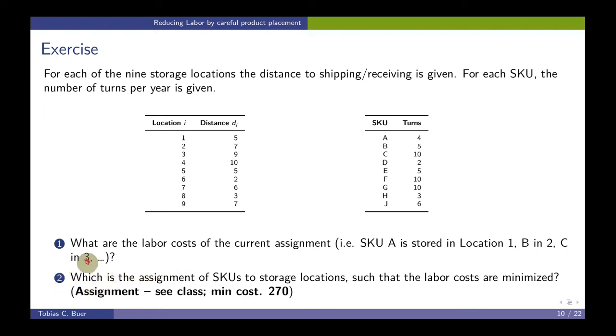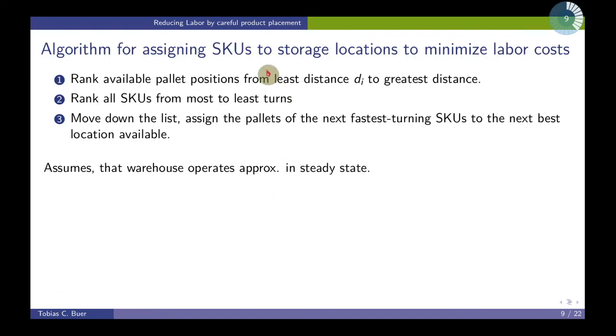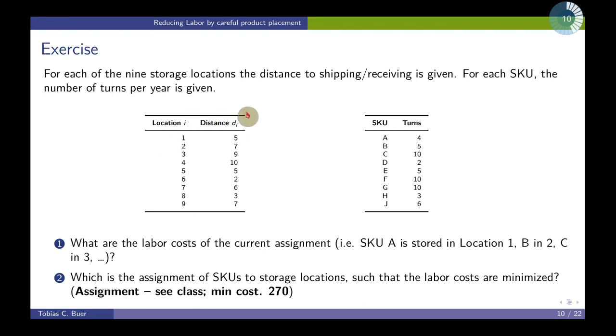For question number 2, you should now apply this ranking algorithm, where you rank the available pallet positions from the least distance to the greatest. So you have to reorder this list and reorder the other list, and then you have the new assignment. If you performed all the steps correctly, the minimum cost should be 270 units.